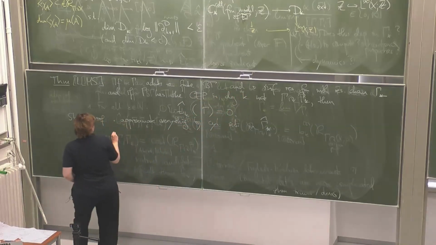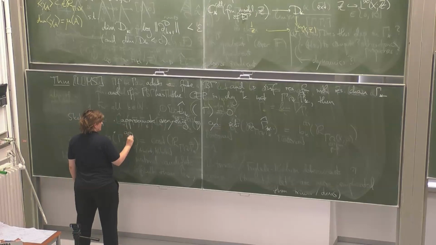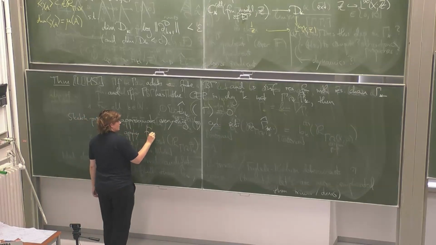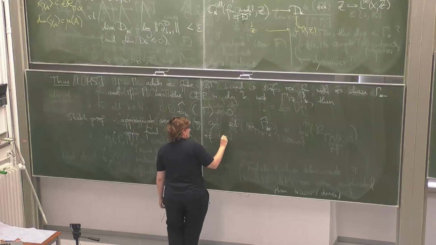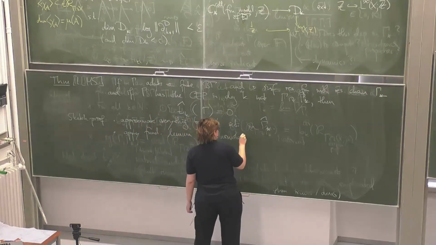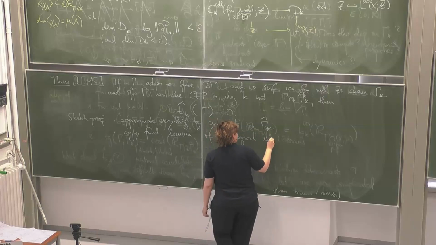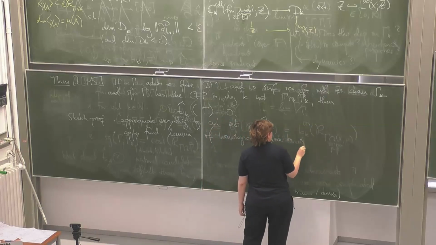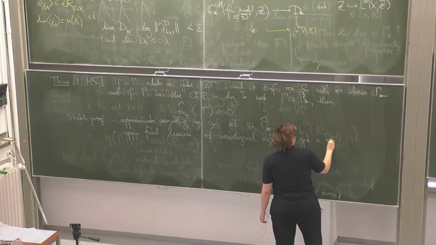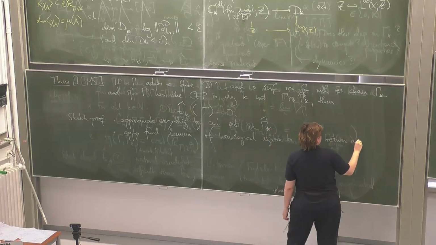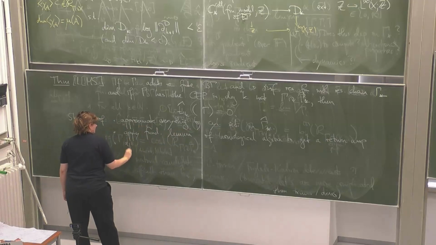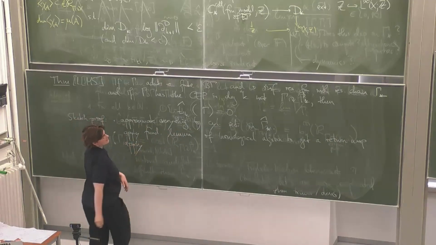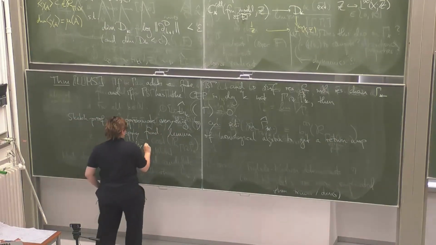Okay. Homological algebra. Get a return map. And then basically apply this estimate by Gábor, right?